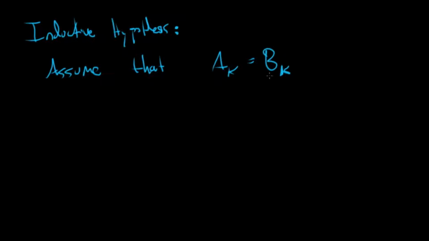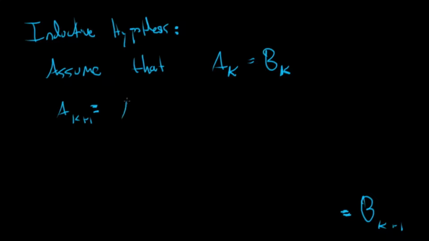Cool. And now that we've assumed this, this is something that we can use to prove that a sub k plus 1 is equal to b sub k plus 1. If we can prove that implication, we're done. So we know this thing to be true. Let's look at a sub k plus 1 and try to show that it's equal to b sub k plus 1. This is our goal.